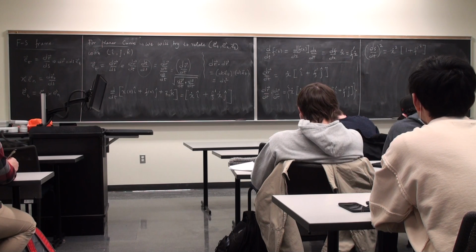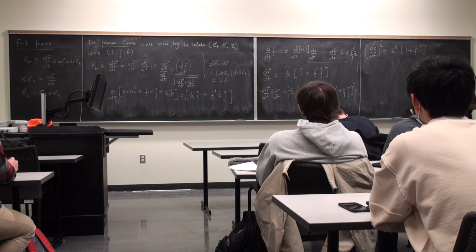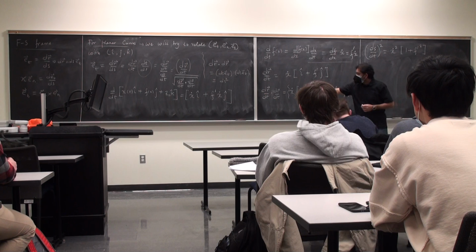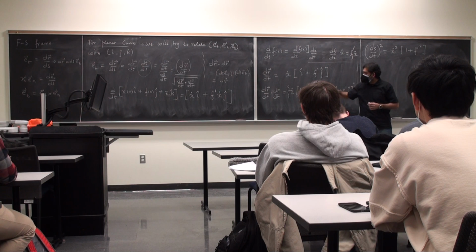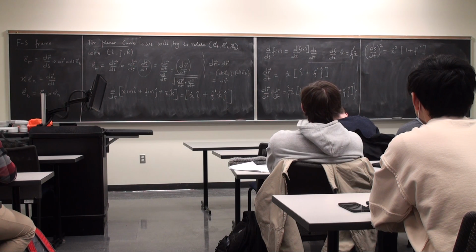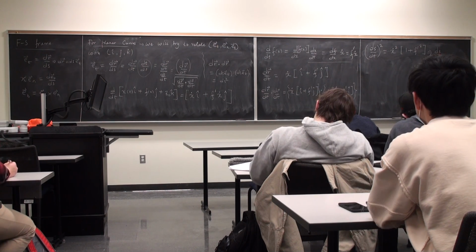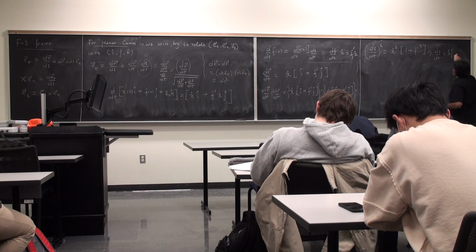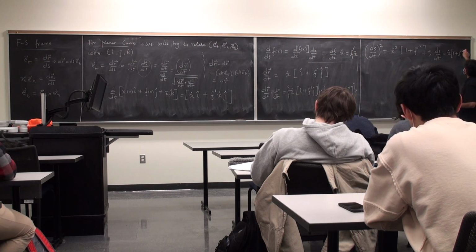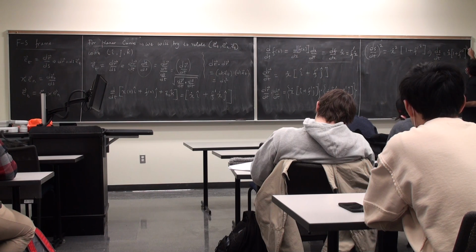Making sense to everybody? Take the square root on both sides. So I have ds by dt is x dot times 1 plus f prime squared, all to the power 1 by 2.